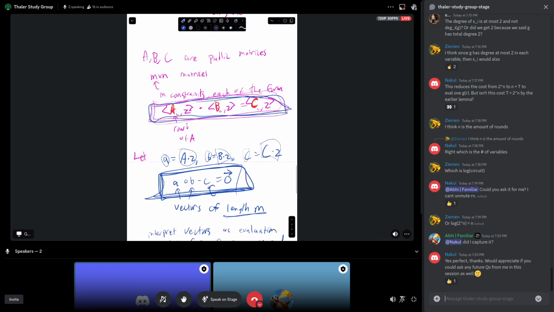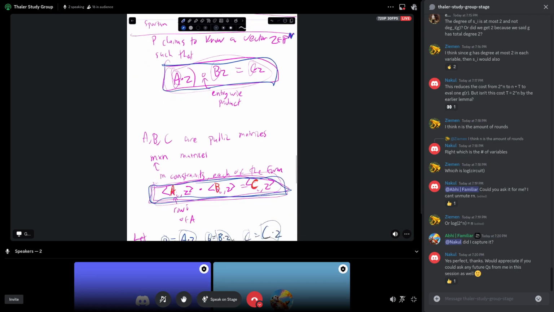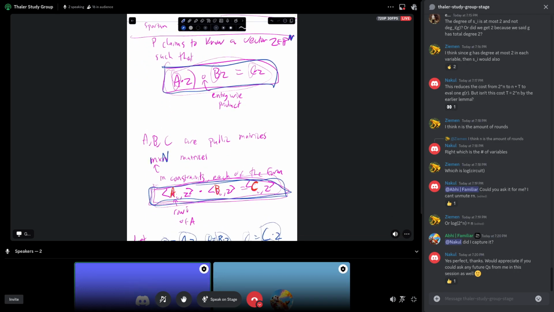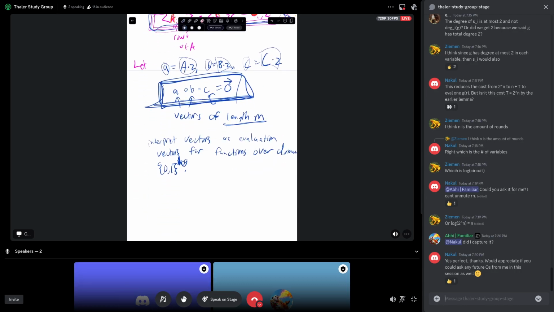Actually, sorry, I wanted capital N for the number of columns, and let's say capital M for the number of rows. So we have our length capital M vectors, sorry about that, and those correspond to functions over domain {0,1}^m, where little m is log base 2 of capital M. So if you're not comfortable with logarithms, capital M is 2 to the little m.